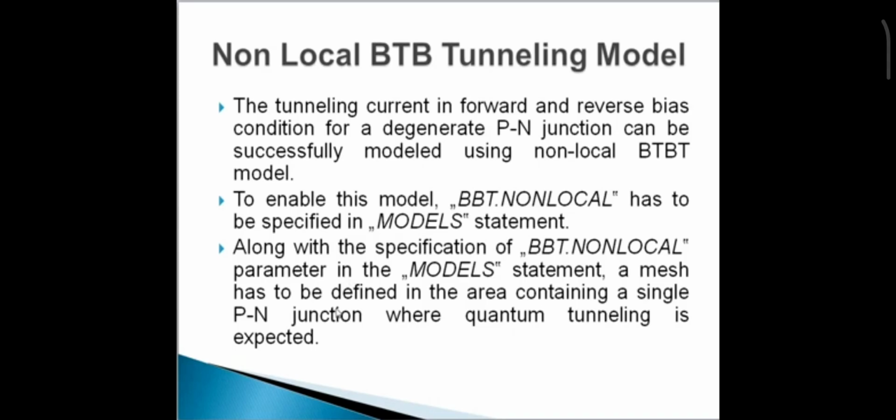Along with the specification of the bbt.nonlocal parameter in the model statement, a quantum tunneling mesh has to be defined in the area containing a single PN junction where quantum tunneling is expected. The quantum tunneling mesh consists of a series of parallel 1D slices along which tunneling takes place, and each slice is approximately perpendicular to the PN junction.